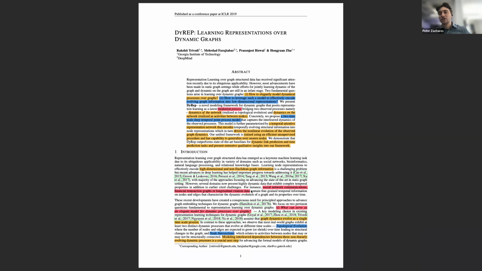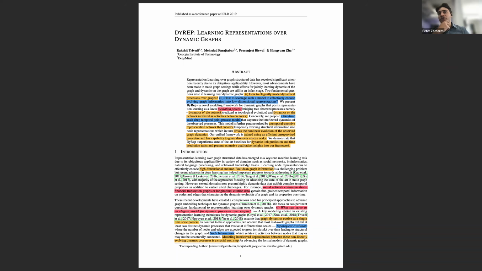A modification to the graph would be either you add an edge between nodes, or you add a node which you connect to another node through an edge. Those are the two types of what they call associations in this paper. And communications are when there's no structural change to the graph, but two nodes want to pass information between each other.